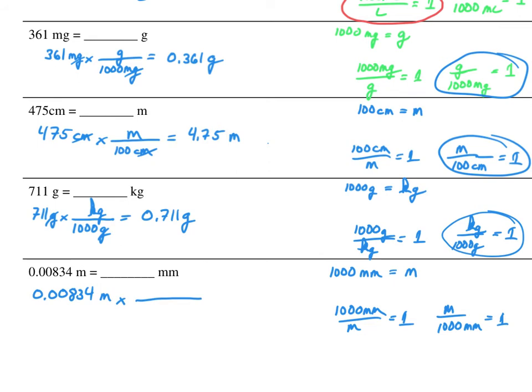We want to use the conversion factor with meters in the denominator. So a meter is equivalent to 1,000 millimeters. We know units of meters cancel out. That indicates we multiply by 1,000, and our answer is 8.34 millimeters.